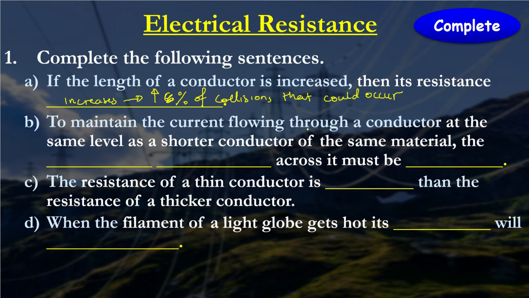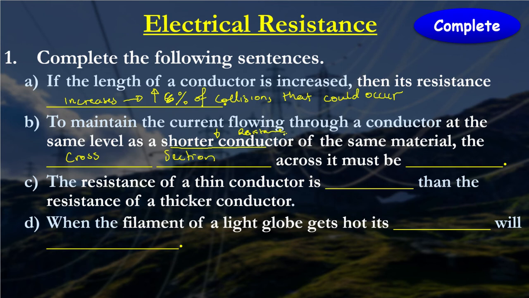B, to maintain the current flowing through a conductor at the same level as a shorter conductor of the same material, the cross section will have to be what? So our cross section, if we want to maintain the current flow, so if we've shortened the conductor, that means we've reduced the resistance, so resistance has gone down.